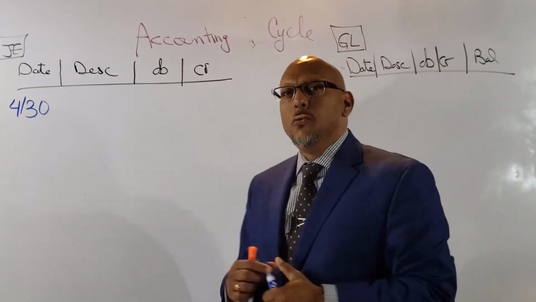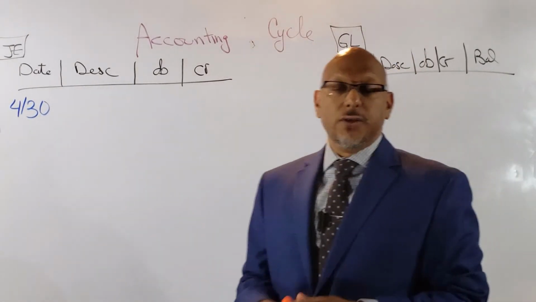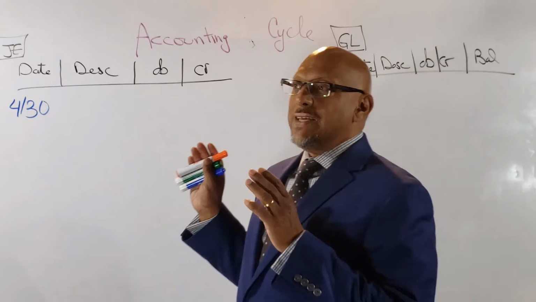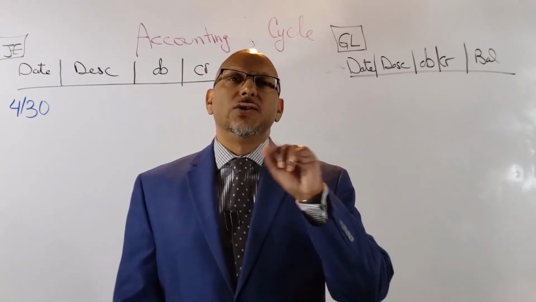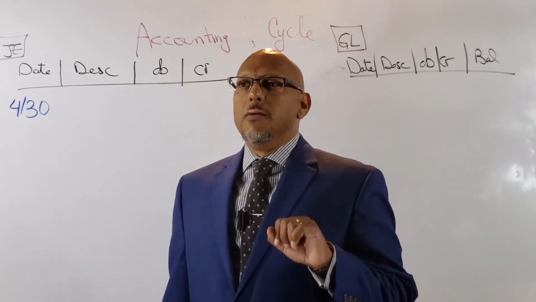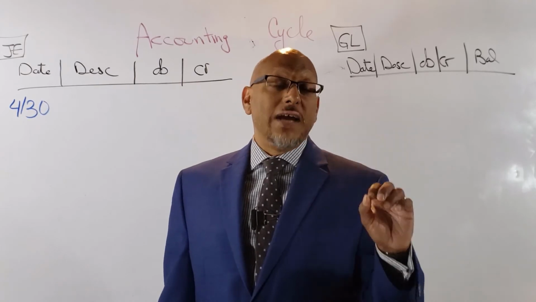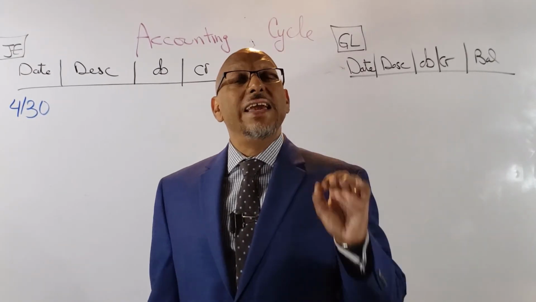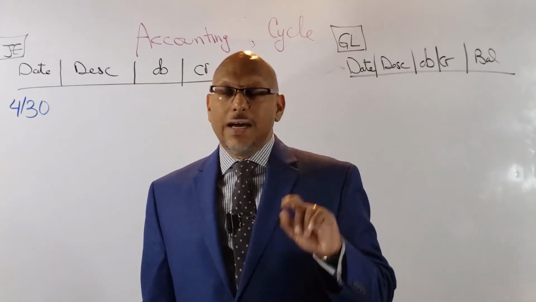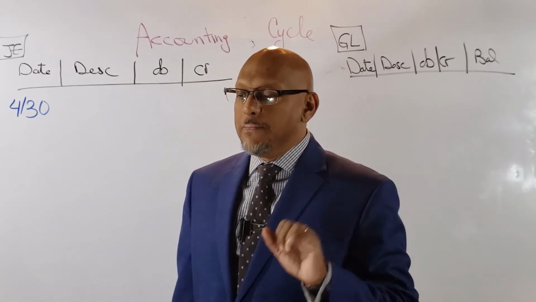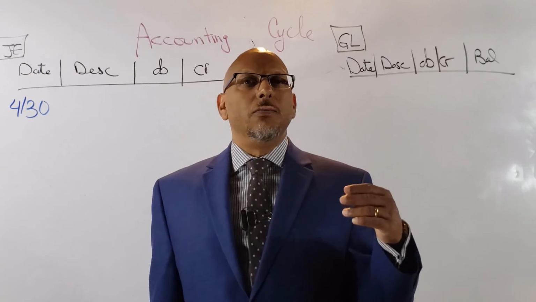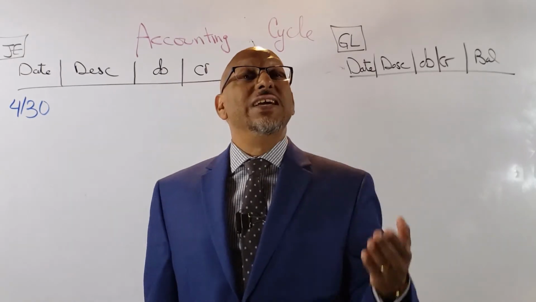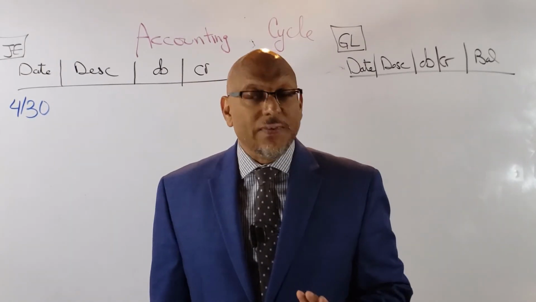Now, there are two methods of closing. There's the direct method and the indirect method, or the direct to the capital method, and the income summary method, not income statement, income summary. I typically think of the income summary as retained earnings. It's the same thing.